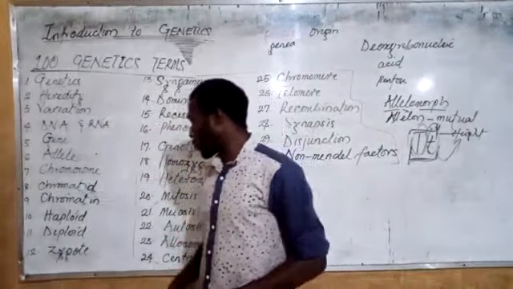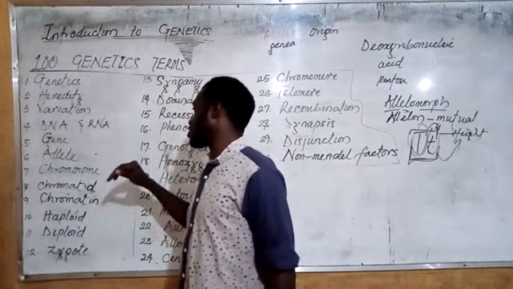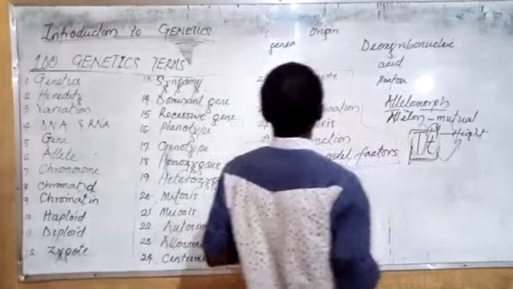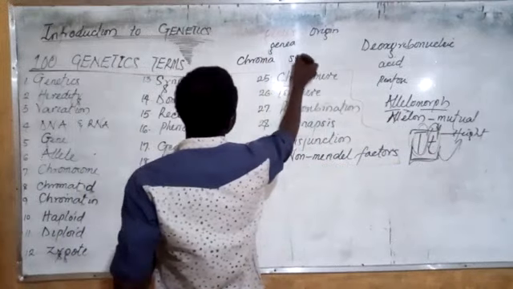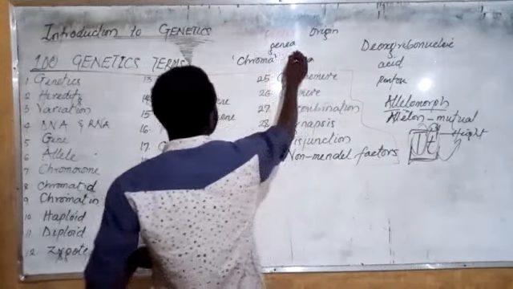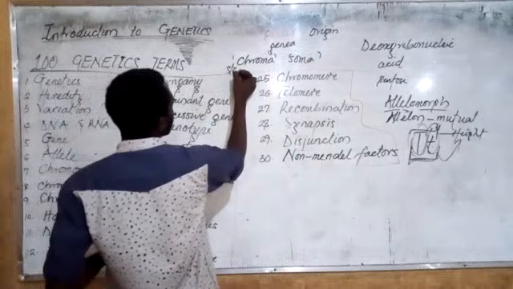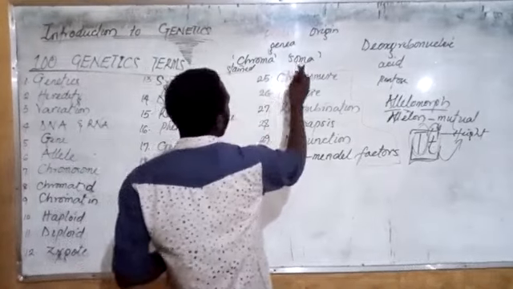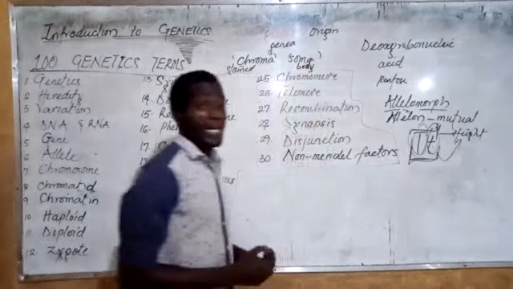Then the chromosome. I'm going to be explaining the chromosome, the chromatid, and the chromatin. You see, chromosome is gotten from two Greek words, chroma and soma. Chroma meaning stained, while soma meaning body, as in somatic cell.